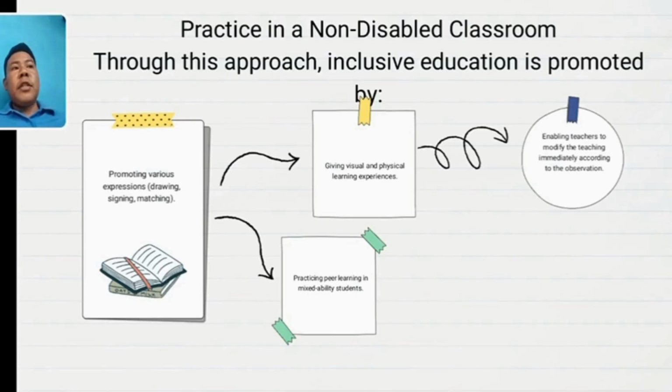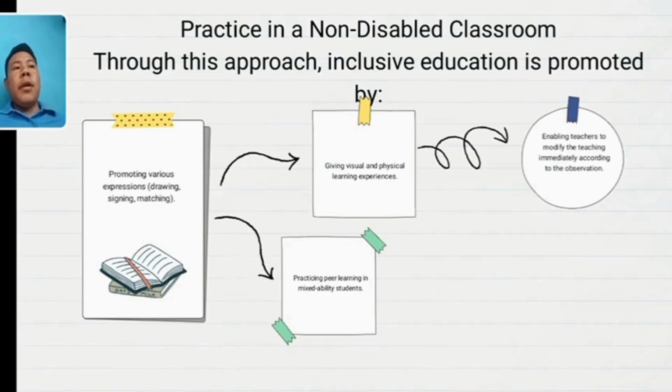Secondly, the use of visual and physical learning experiences such as videos and matching activities benefits both non-disabled and disabled learners. Visual learners can connect images to concepts, while physical participation, for example moving pieces, pointing, or signing, keeps learners actively engaged.